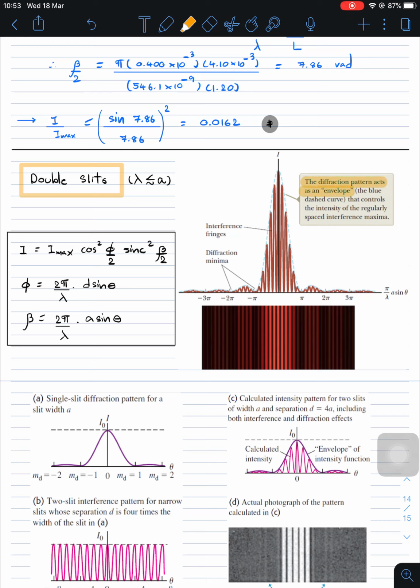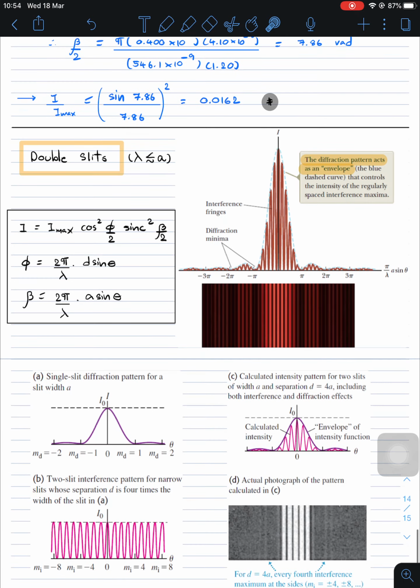And then this curve is going to form the interference from the two slits. So now you can see we have the two effects. In this case, diffraction is the envelope, and the interference is this pattern.